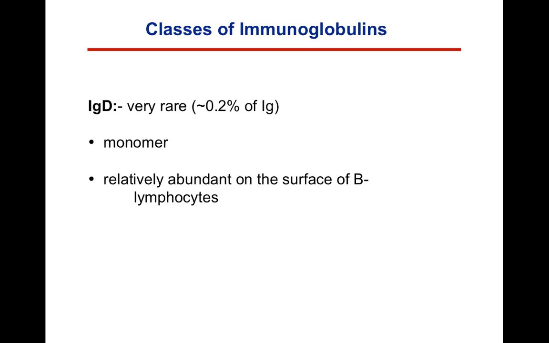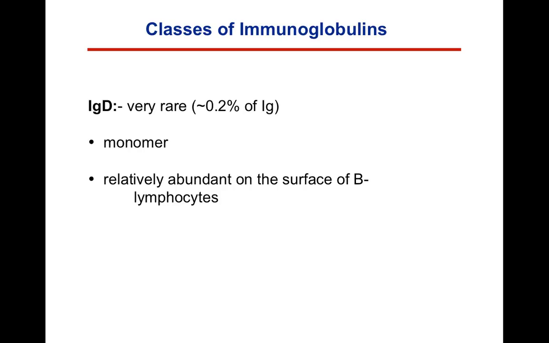The last class is, well, it's not the last class, but it's the IgDs. These are rare. They're monomeric. They're relatively abundant on the surface of B lymphocytes. They're really involved in early stages of IgM and IgG production.